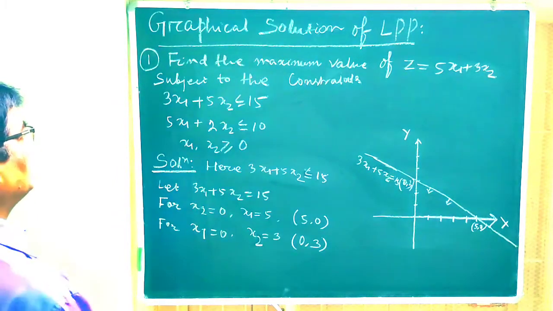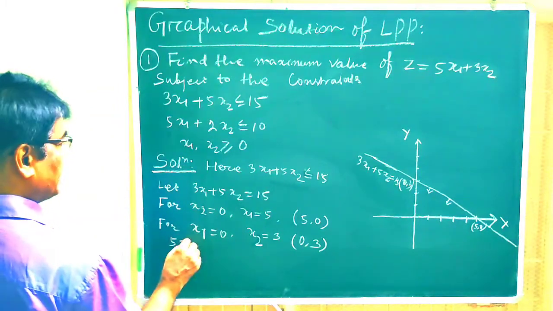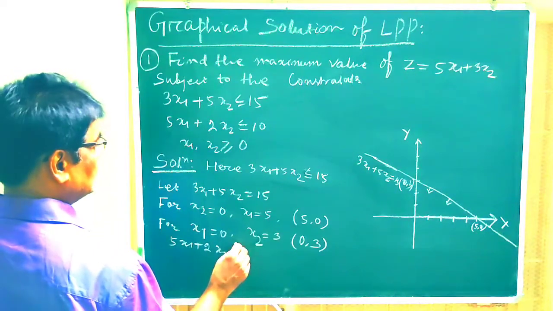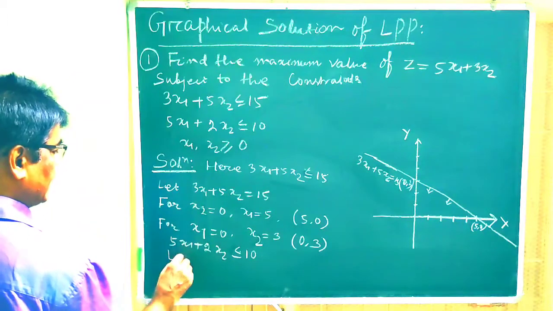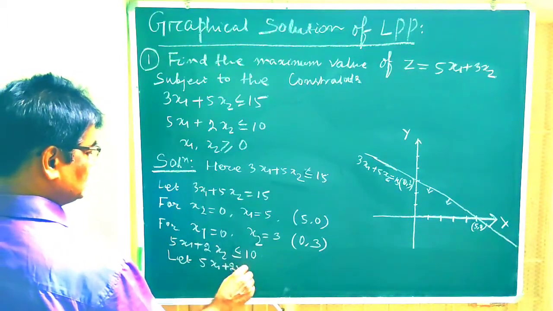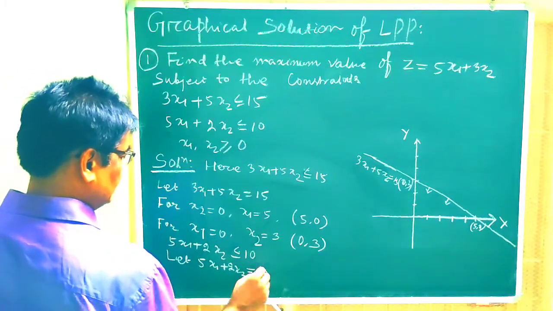Now we have 5x1 plus 2x2 less than or equal to 10. So let us take 5x1 plus 2x2 is equal to 10.